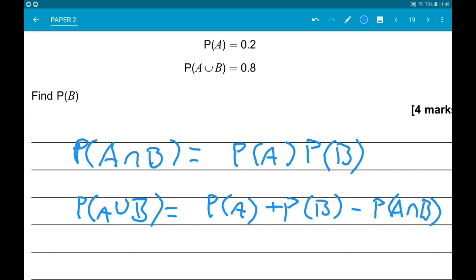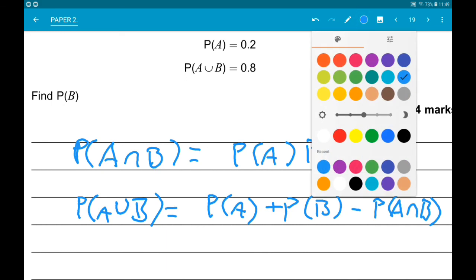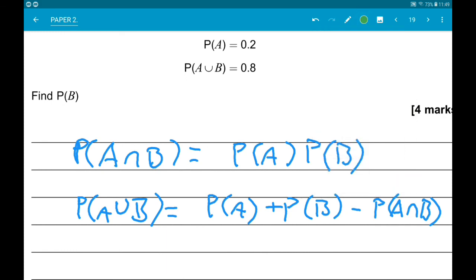Okay, so things are starting to get useful. So let's sub in some values.